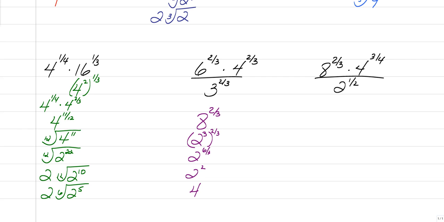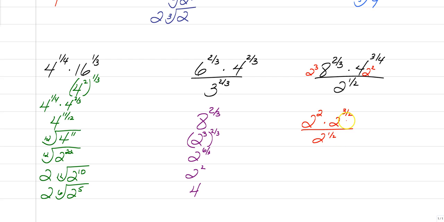But the next one can be done, but looks like it can't. Here's why. 8 is 2 cubed. 4 is 2 squared. So this can be simplified. They all have a base of 2. So 2 cubed to the 2/3 is 2 to the 6/3, which is 2 squared, times 4 is 2 squared, and 2 squared to the 3/4 is 2 to the 6/4, which is 2 to the 3/2, all over 2 to the 1/2.